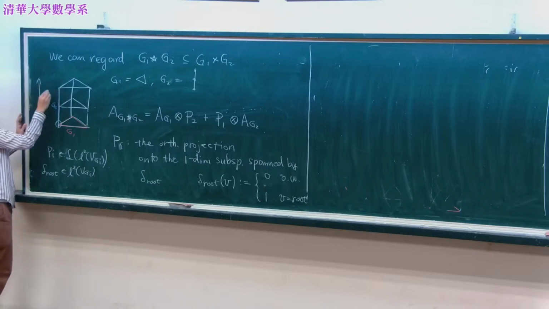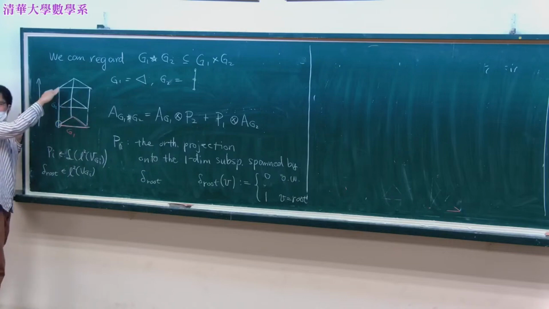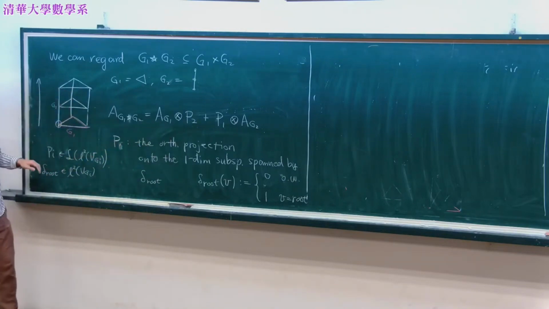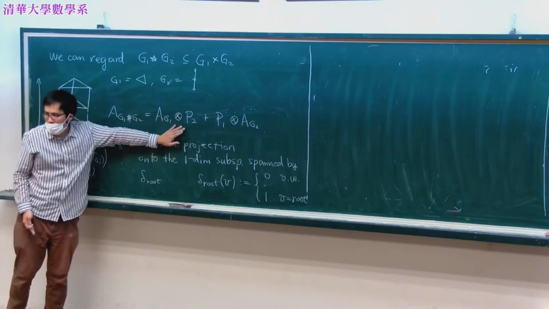So this is like first floor, second floor, third floor. And the projection means neglect the second and third floor. Only look at the first floor. This is the meaning of tensor projection.